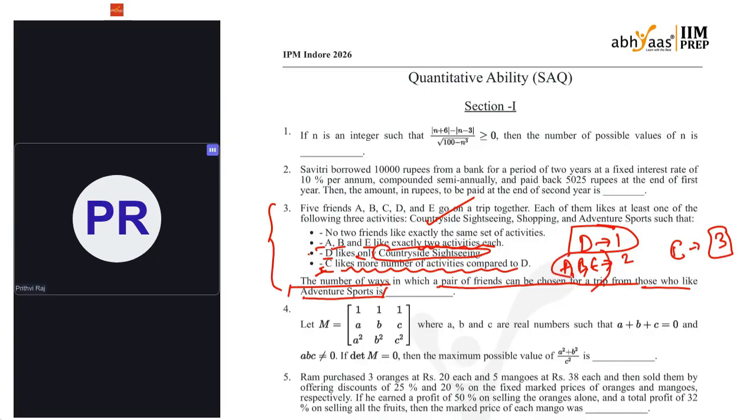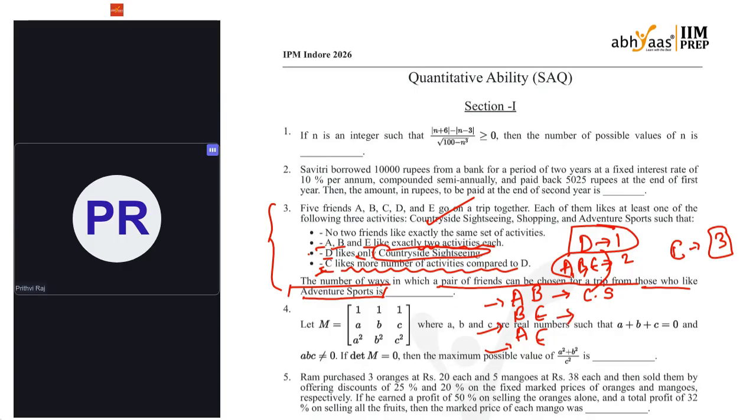Now among A, B, and E, do you know who is going for which activity? No. But I can say one thing. Maybe these are the groups. A, B may go to countryside sightseeing and shopping.